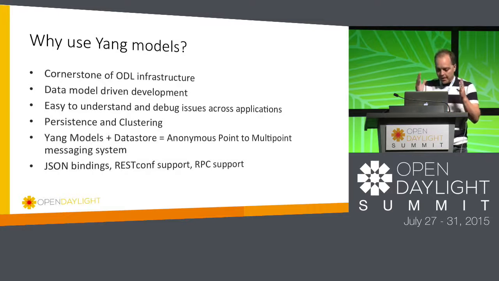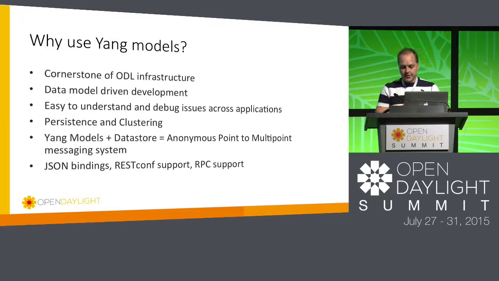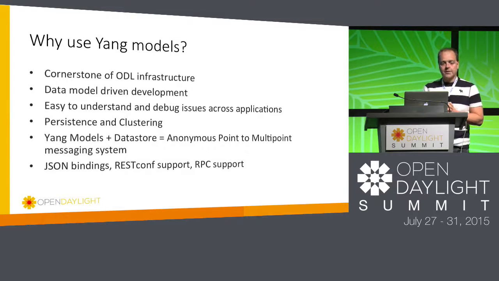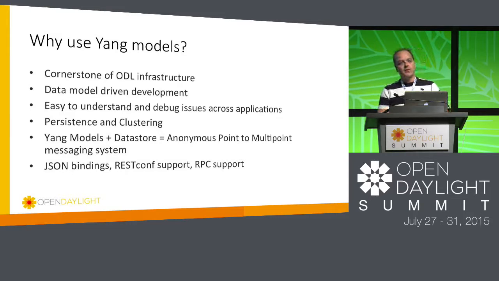Let me give you an example. I work mainly on the service function chaining project, and recently we integrated service function chaining in the OVSDB project. In this process, I wanted to understand more about how the OVSDB project worked. And before I even looked at their code, I looked at the OVSDB models.